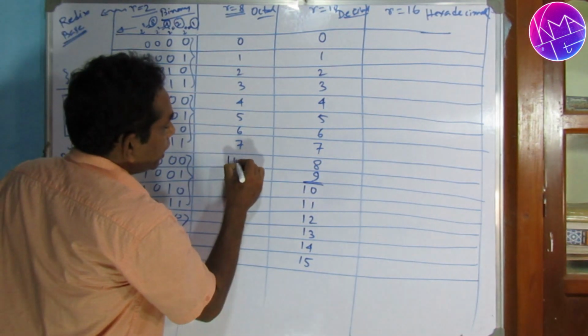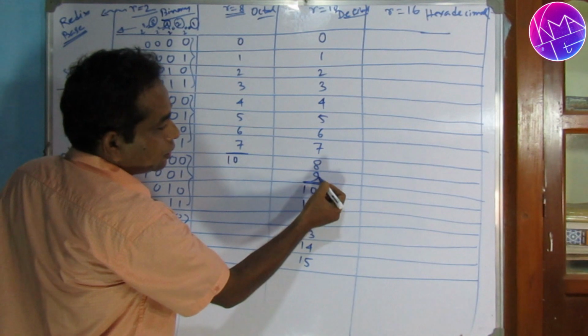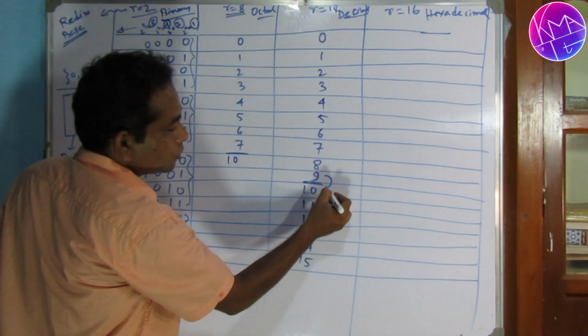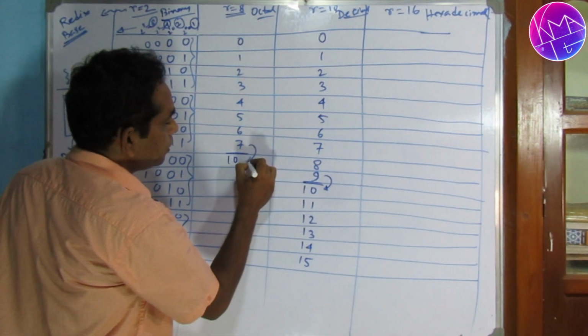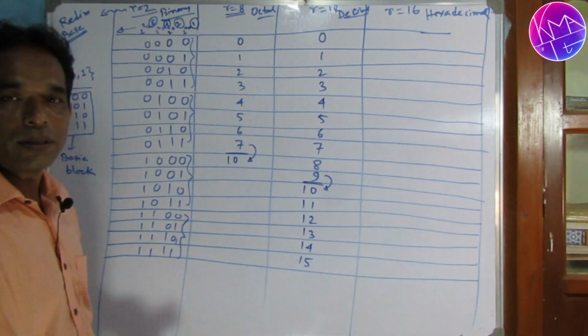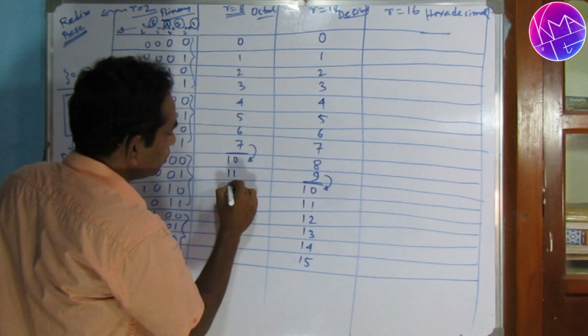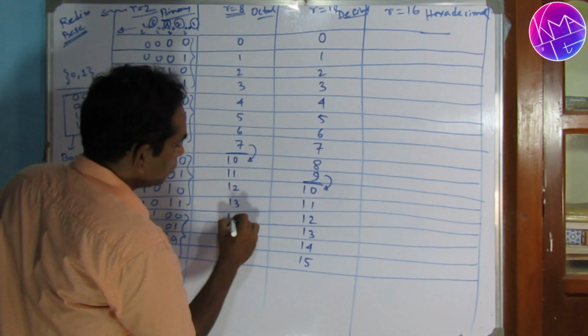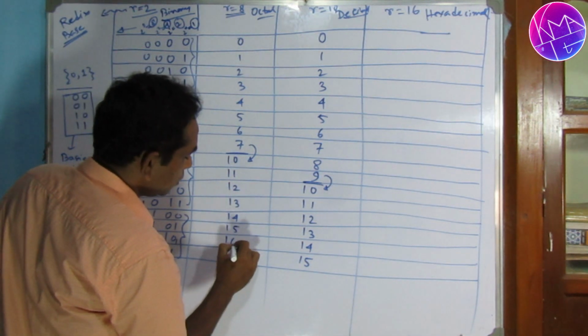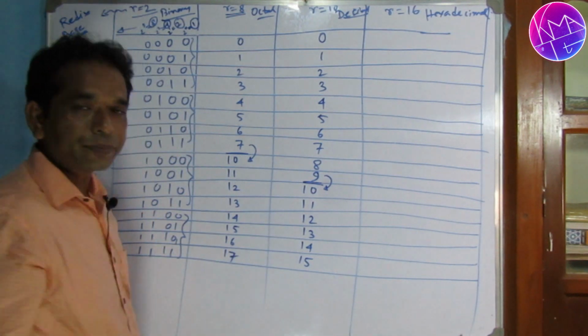After that 10 will come, just like after 9, 10 comes; similarly after 7, 10 comes. This is the rhythm similarity. Now 11, 12, 13, 14, 15, 16, 17.